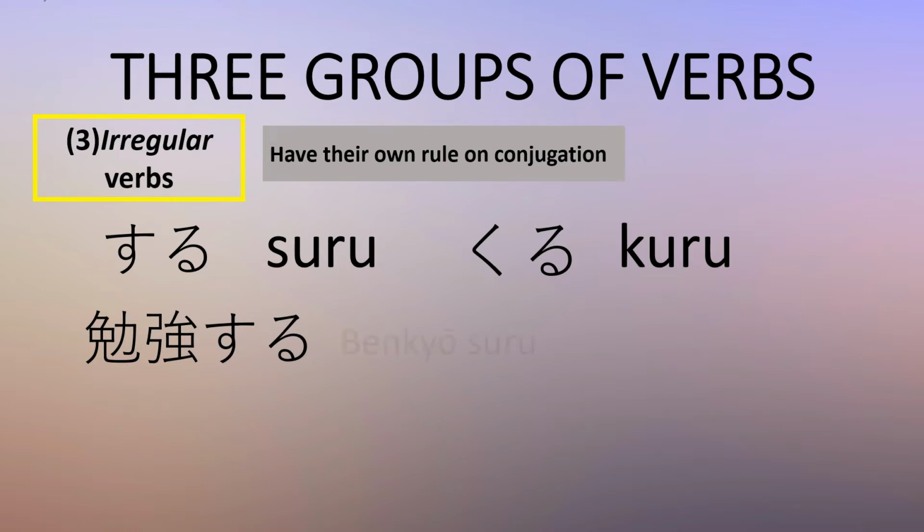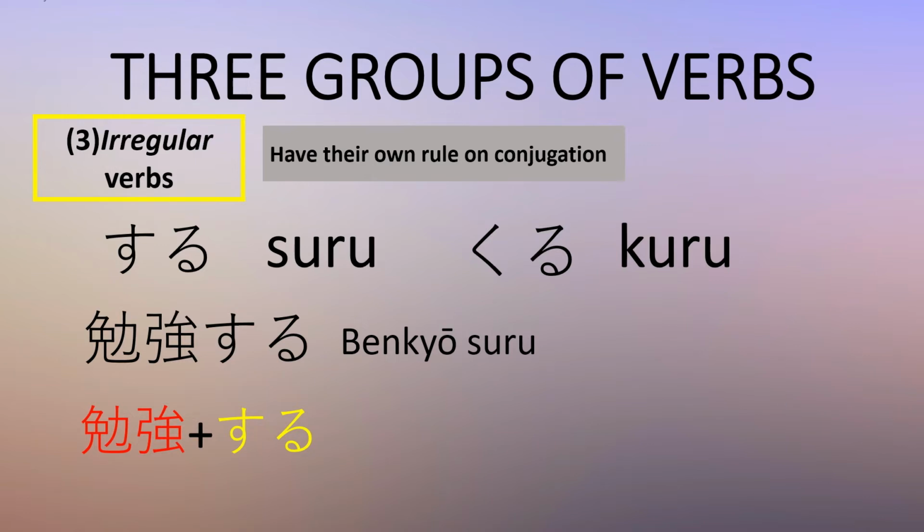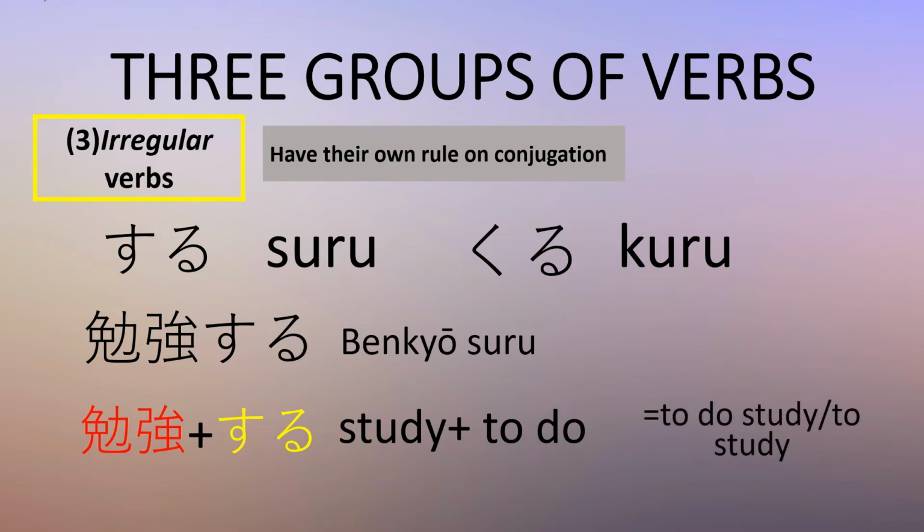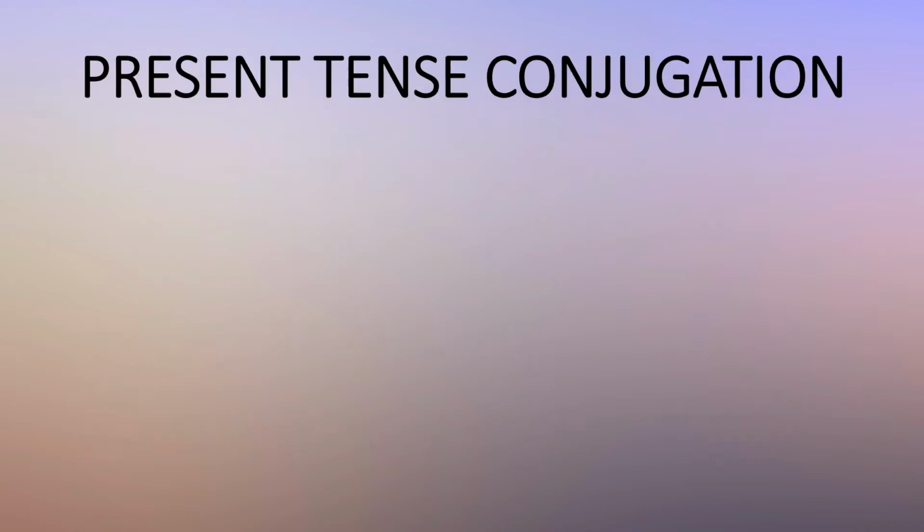For example, benkyo suru. Benkyo suru is the combination of benkyo, which means study or diligence, plus suru. So it literally means study plus to do, or to study in plain English.